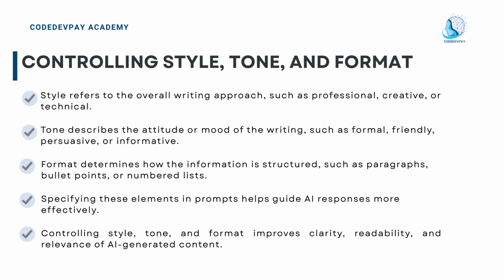By clearly specifying the style, tone, and format, we can guide the AI to generate content that matches our needs. Without these instructions, AI may produce a response that is technically correct but not suitable for the intended audience or purpose.